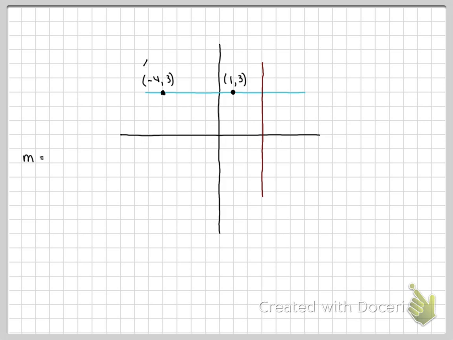Now let's use those coordinates and find the slope of the blue line. So let's call this x1, y1, x2, y2. So y2 minus y1 is 3 minus 3, and x2 minus x1, so we get a 0 over 5. 0 over any number at all is equal to 0.